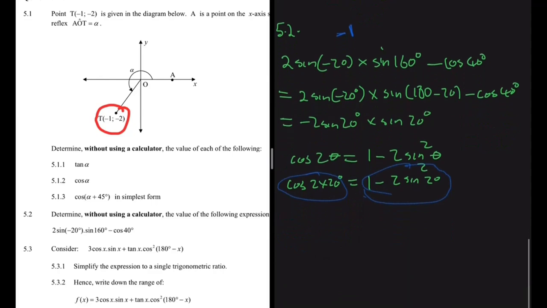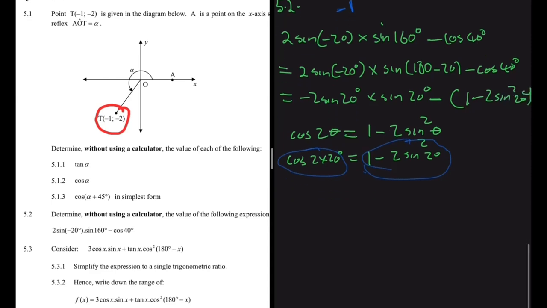So let's go ahead and apply that idea. So here we're going to have minus 1 minus 2 sine of 20 degrees squared, right? And then that will all be equal to, so we have minus 2 sine 20 degrees multiplied by sine of 20 degrees. That will be minus 2 sine of 20 degrees squared, right?